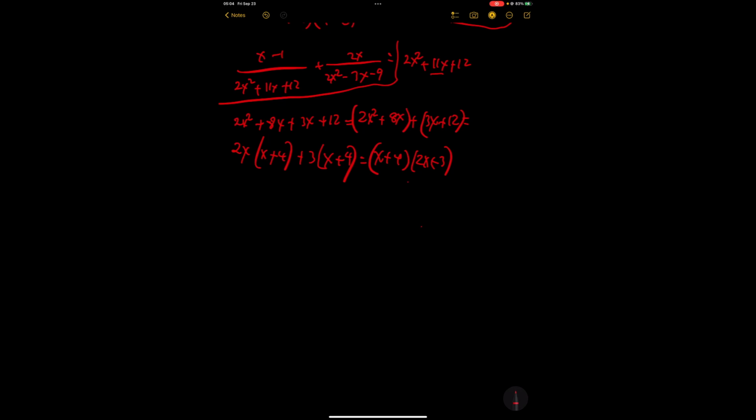Second denominator, I'm going to do that with a different color instead, with blue. I'm going to say 2x squared minus 3x minus 9, and it's going to be 2x squared minus 6x plus 3x minus 9.